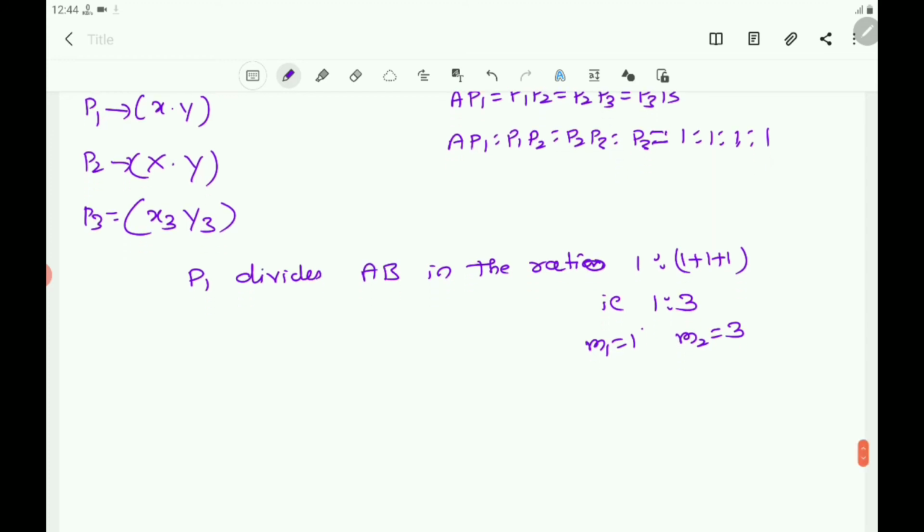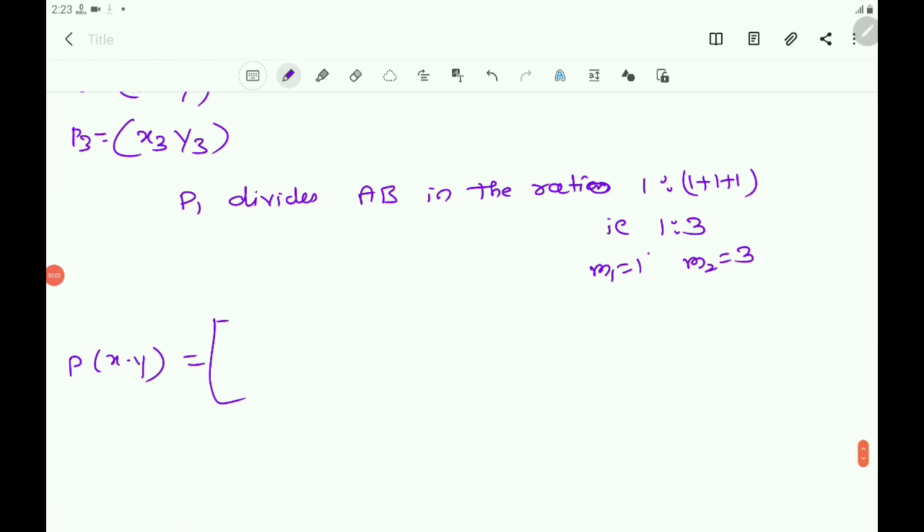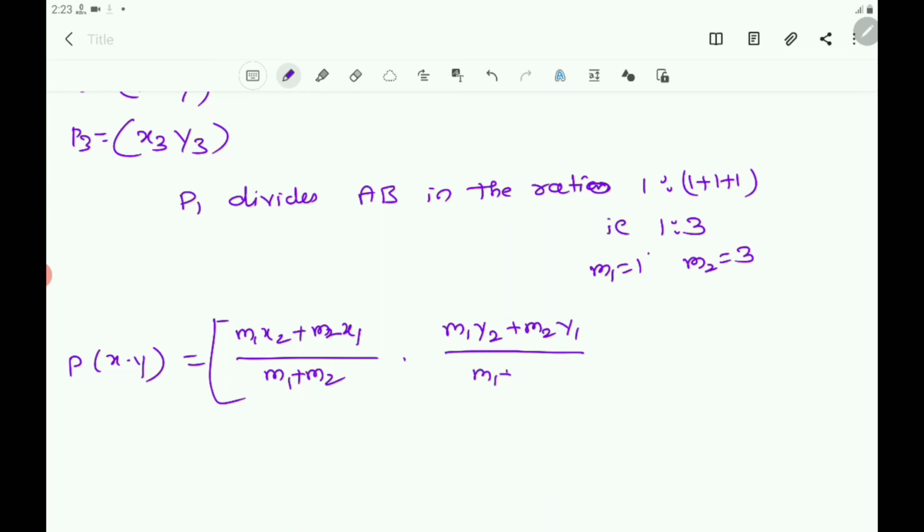Then you write the section formula, P of x, y equals m1 x2 plus m2 x1 by m1 plus m2 and m1 y2 plus m2 y1 by m1 plus m2.